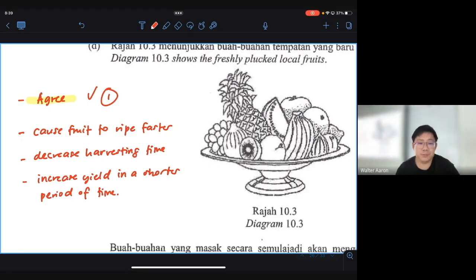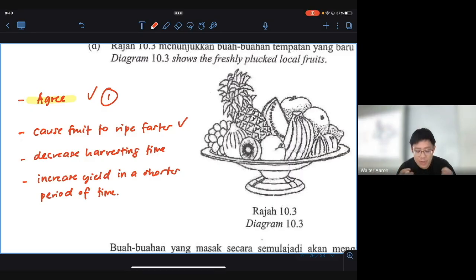It's logical. So therefore, I'll definitely get marks for the first point. And of course, if I can reduce the time taken for the fruits to ripen, then my harvesting time has been shortened. I can harvest earlier compared to last time. Naturally, for example, the fruit takes around 2 months to be produced and to ripen completely.